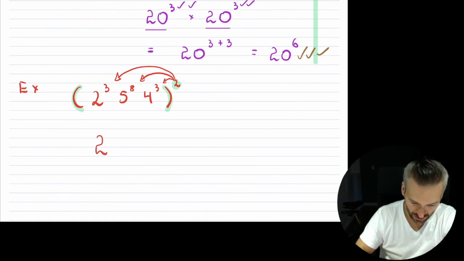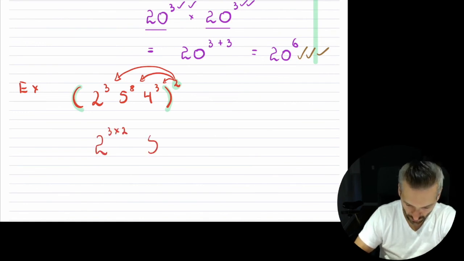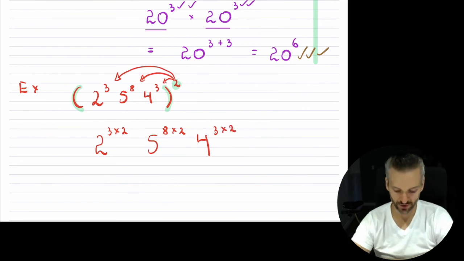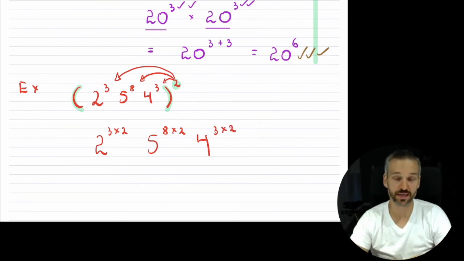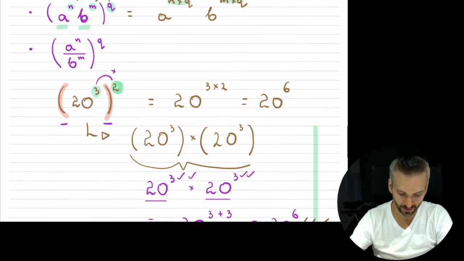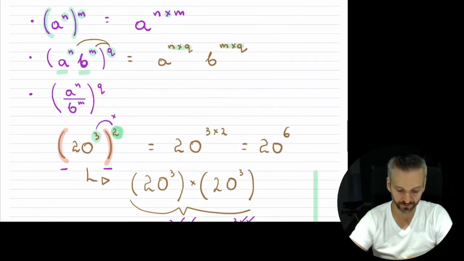So this is actually 2 to the 3 times 2, 5 to the 8 times 2, 4 to the 3 times 2. Then we can find what the answer is. So 3 times 2 is 6, 8 times 2 is 16, and again, 3 times 2 is 6. So that rule actually applies because of this.